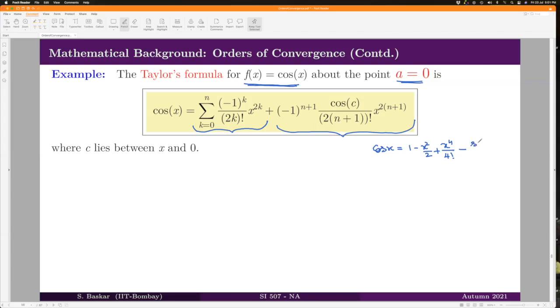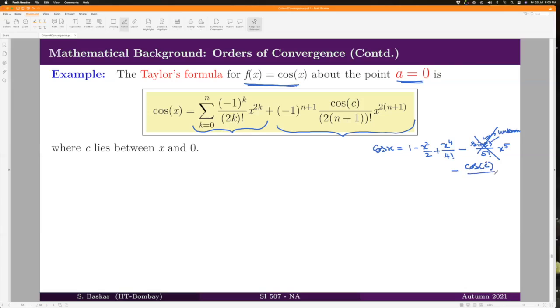sine c by 5 factorial into x to the power of 5 for some unknown c, but we decided to take, instead of this, cos c dash. It may in general be different from the c which comes here, but let me just use the same notation c here, with the caution that this c may not be the same as the c in the other remainder.